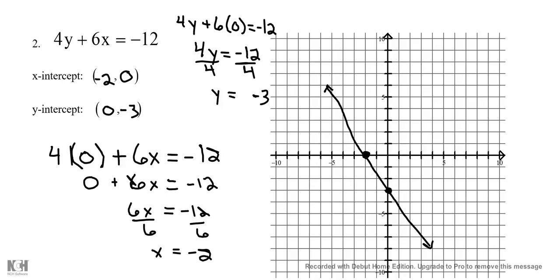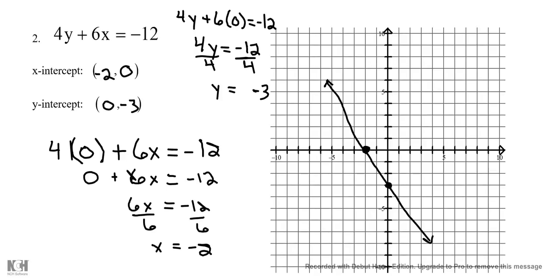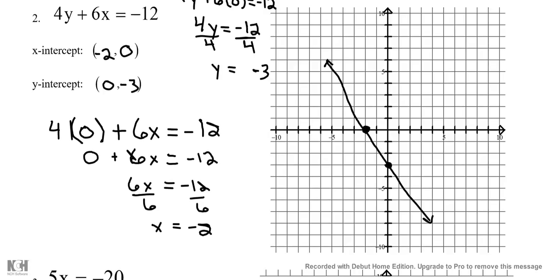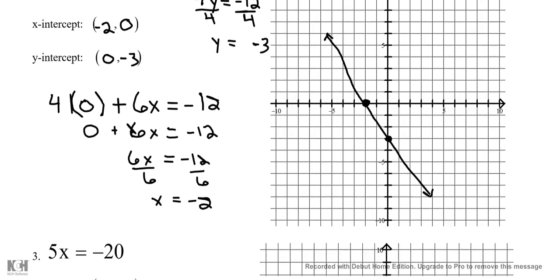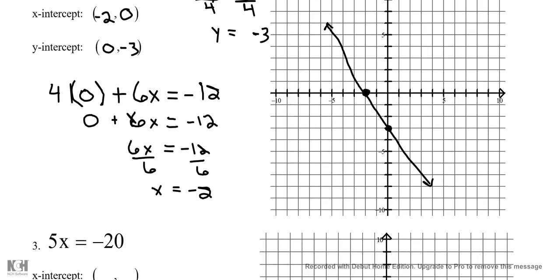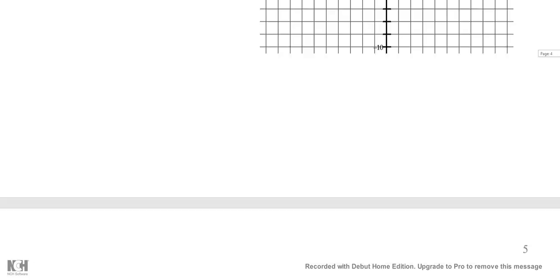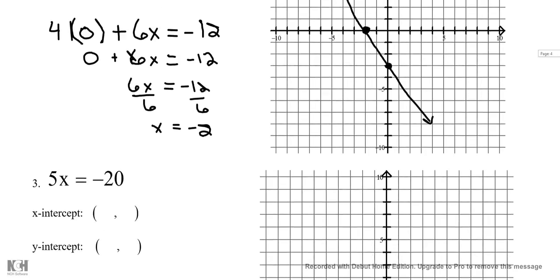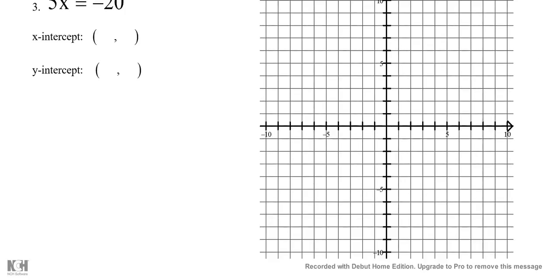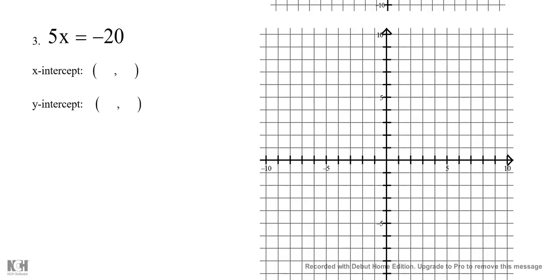Now up to this point we've had both an x and a y intercept. Now we will see that sometimes one or the other may not exist. So remember, for x-intercept we want to plug a 0 in for y. There is no y in this equation.